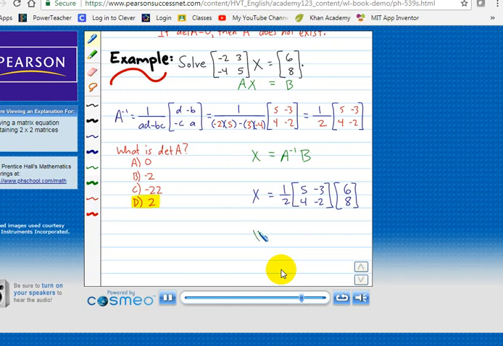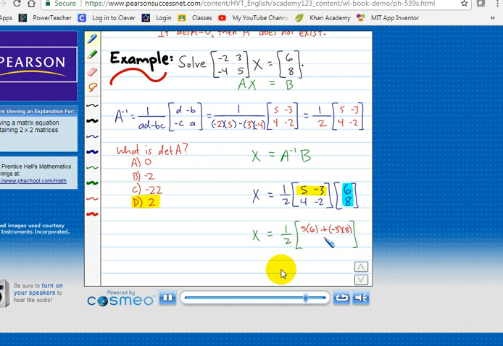Now for our next step, let's multiply the 2x2 matrix by the 2x1 matrix. So we need to multiply the elements in row 1 of the 2x2 matrix times the elements in the column of the 2x1 matrix. So we need to multiply 5 times 6 and add negative 3 times 8.